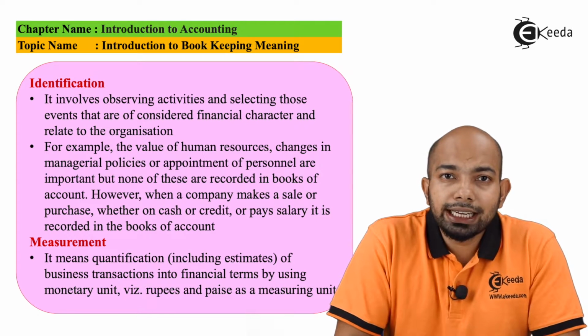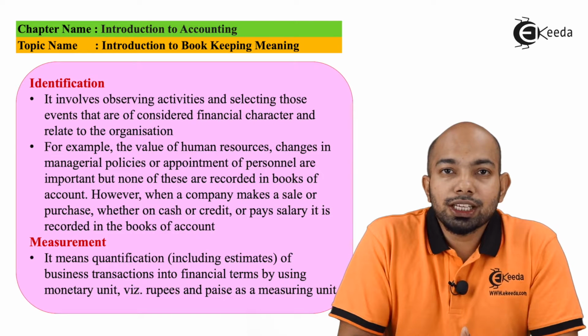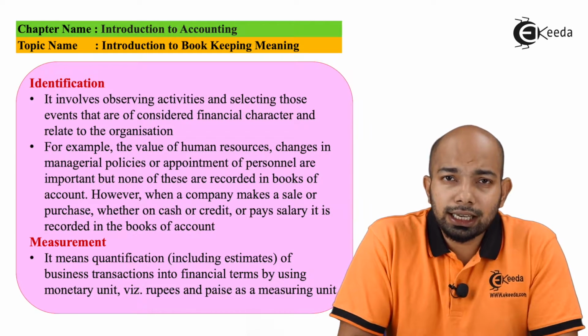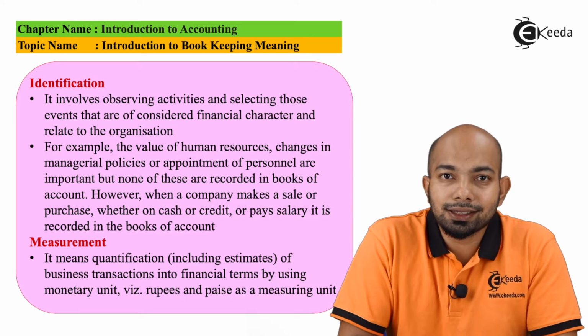When it comes to measuring any transactions, as we said, any transaction which has been identified as financial transaction needs to have a monetary value. Hence, for example, Mr. A, who has got goods worth rupees 50,000, has a monetary value of 50,000 which is used for business transactions.